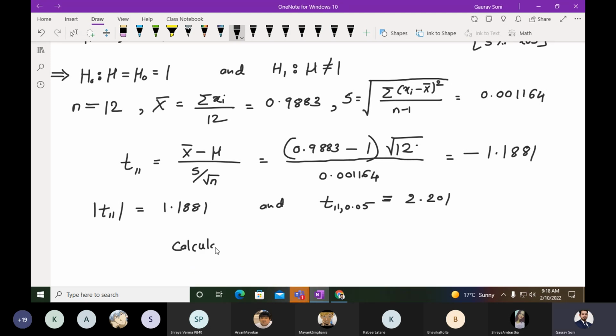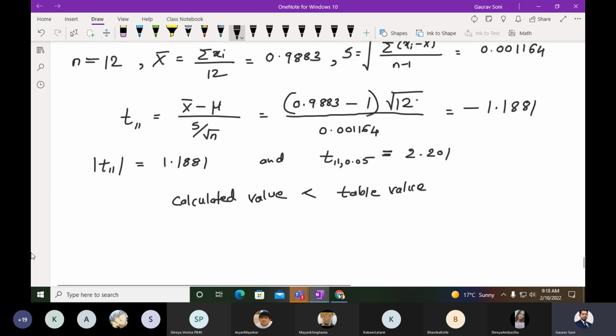The calculated value is smaller than the table value. Accept or reject? We accept it.